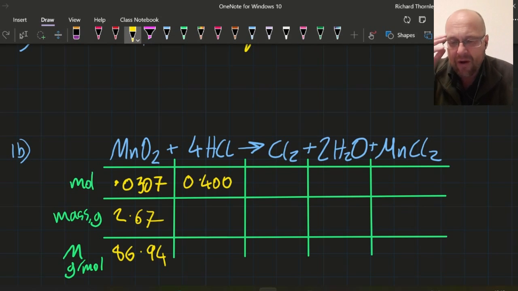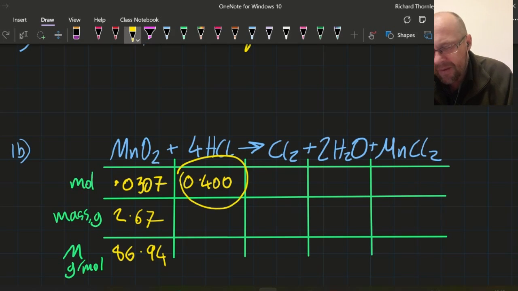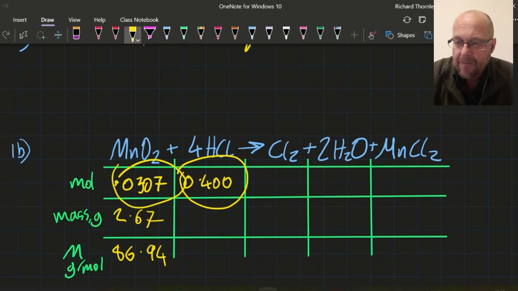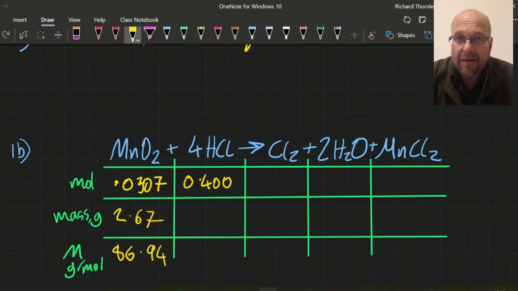Now in this case, it seems quite obvious to me that there's much more of the HCl compared to the MnO2, and that indeed the MnO2 is the limiting, but sometimes they give it to you with numbers that are pretty close, so you have to do the maths. Let me show you how.